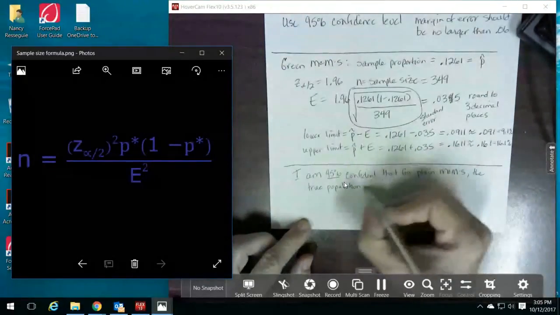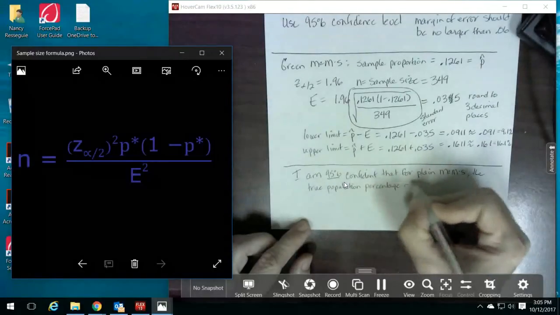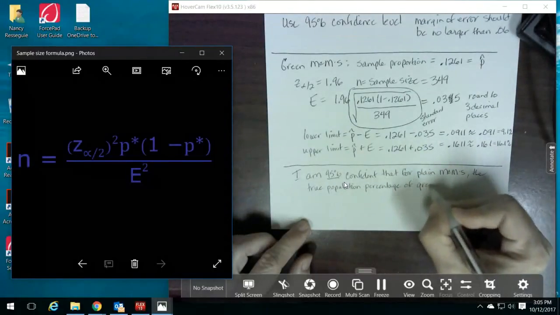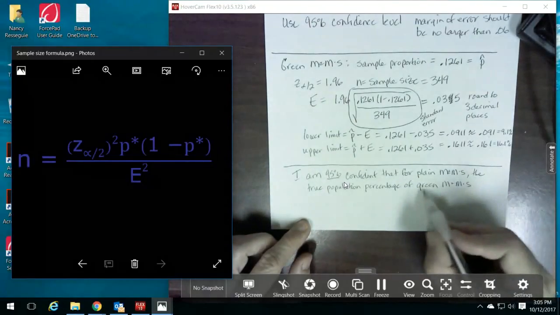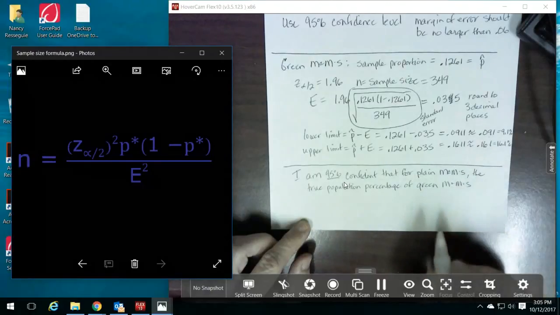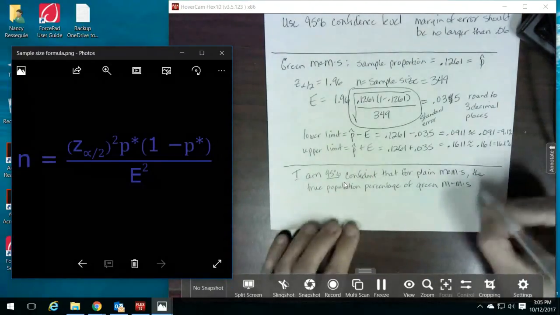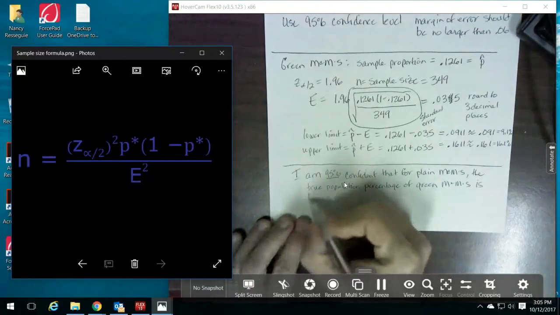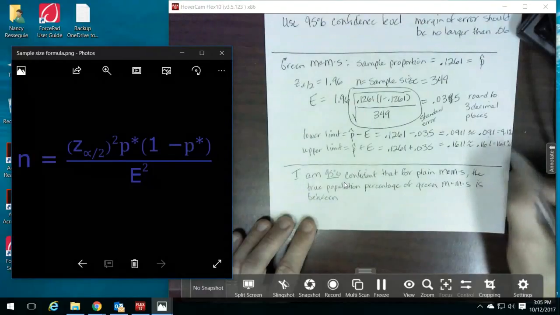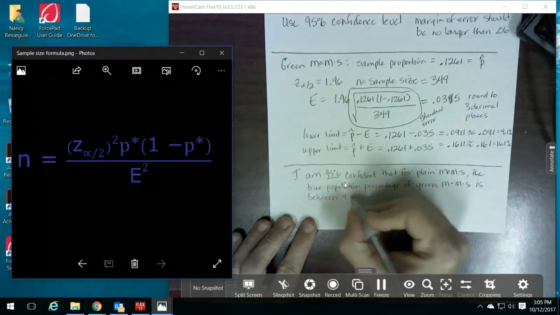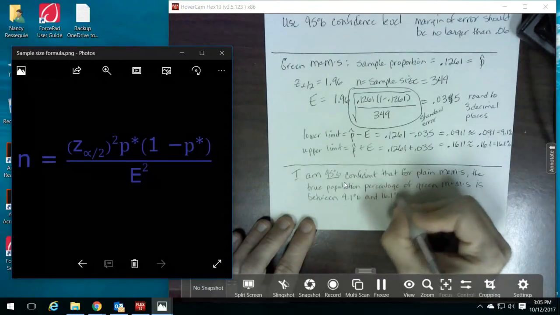If I'm using percentages, I'd say percentage. And then I want to say what I'm talking about. I'm talking about the green M&Ms right here. So you're going to write one of these statements for each different color. Okay, so the true population percentage of green M&Ms is between, and then I'm going to put down my lower limit and my upper limit. So in my case, it was between 9.1% and 16.1%.